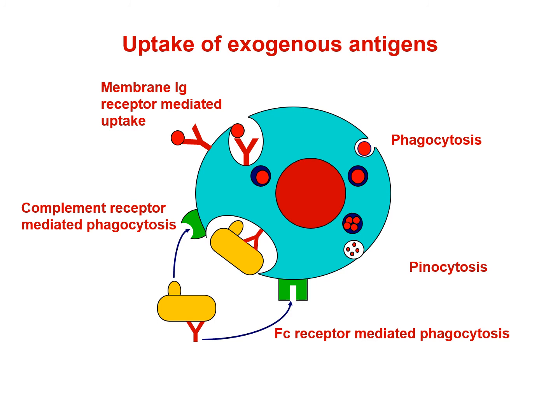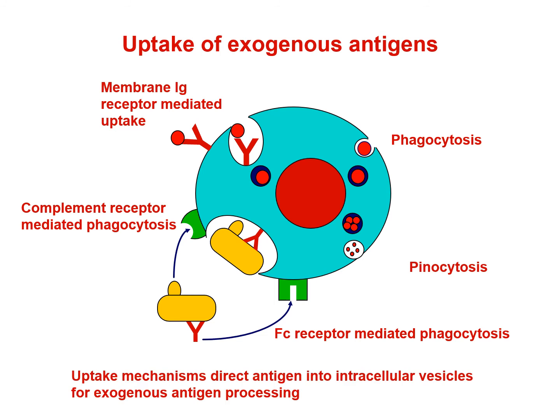So we have phagocytosis, pinocytosis, and receptor-mediated endocytosis. The receptor-mediated endocytosis includes the Fc receptor-mediated endocytosis, the complement receptor-mediated endocytosis, and the membrane Ig receptor-mediated uptake. The uptake mechanism directs antigen into intracellular vesicles for exogenous antigen processing.